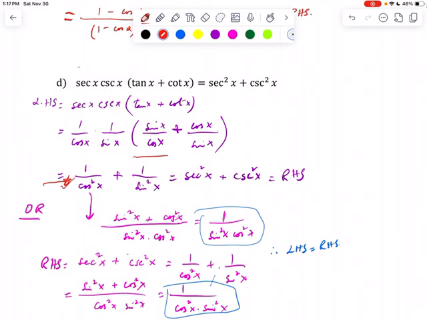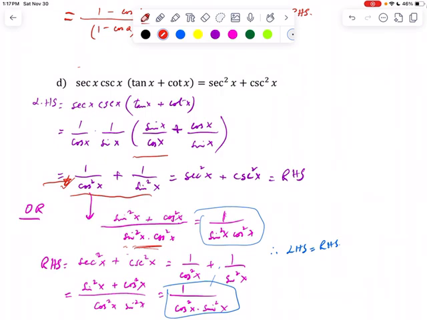You could take the common denominator, and your numerator will be sine square x plus cosine square x. So from here, the common denominator is sine square x times cosine square x, and the top is sine square x plus cosine square x, which is 1 over sine square x times cosine square x.